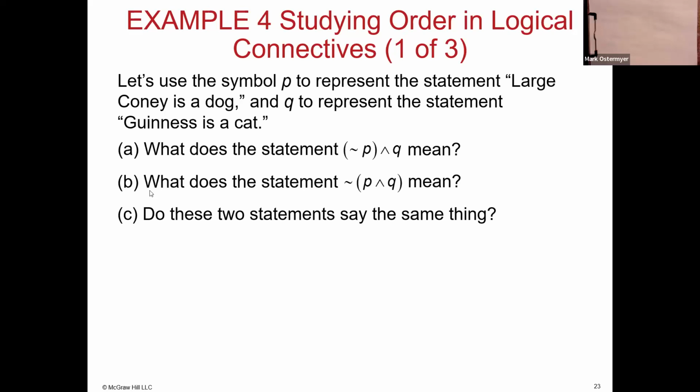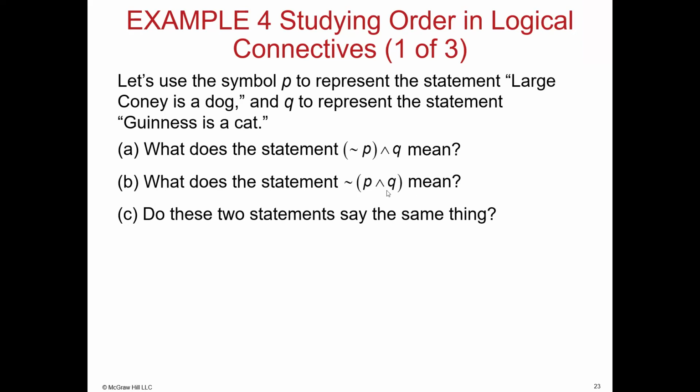All right. How about statement B here? How do we interpret what this is saying? Notice they're negating the and between P and Q. So how would we state this in words? Large coney is a dog and Guinness is not a cat, I think.